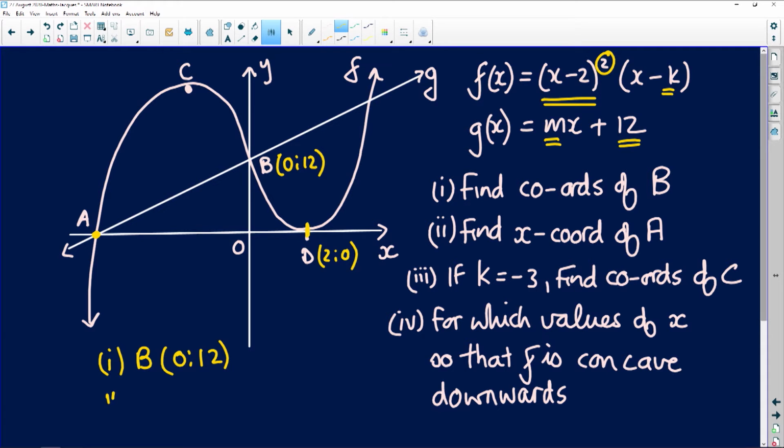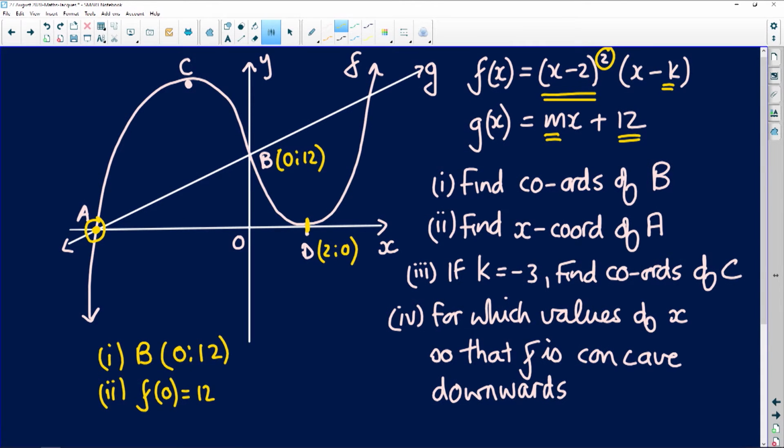Let us say that because we have point B, we know that f of 0 is indeed 12, seeing that we are trying to find the x-intercept of the cubic. So let's work with that. From here onwards now, we make x 0. So 12 is equal to minus 2 all squared, which is 4, times 0 minus k, which is minus k there.